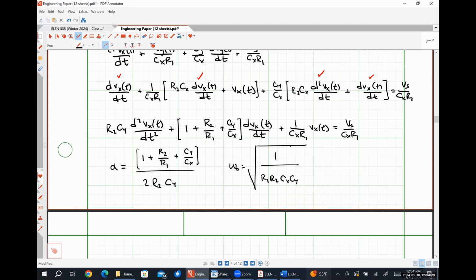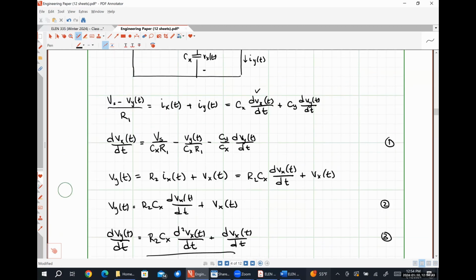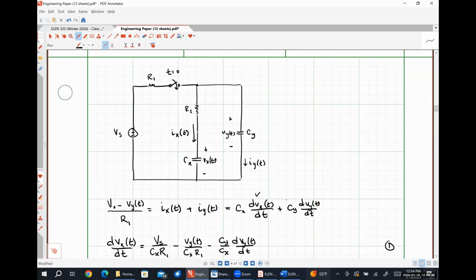Yes. Can you explain how you got your very first equation again? Sure. So my very first equation, let me underline things. So this is a current, and it's the current flowing into this node. And then this is a current that's flowing down here. And this is a current that's flowing down here. So it's literally just Kirchhoff's current law at this top node, with the current flowing in is equal to the current flowing out.